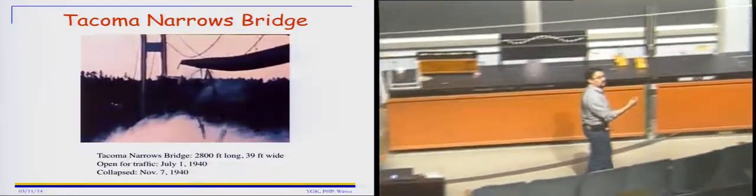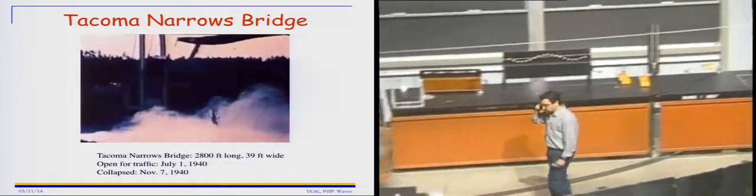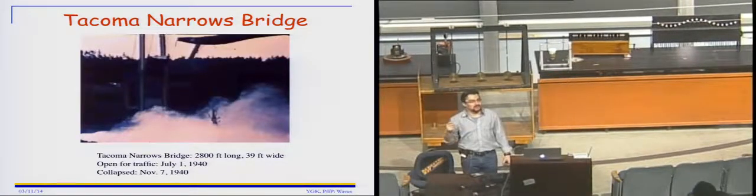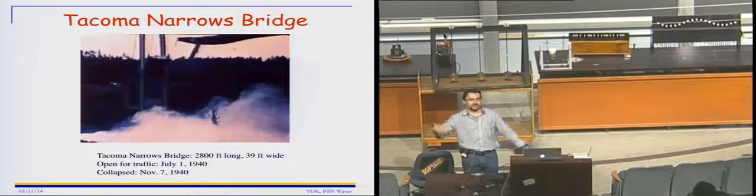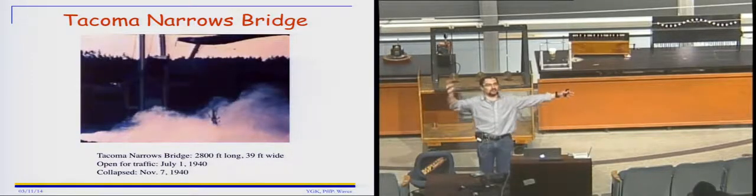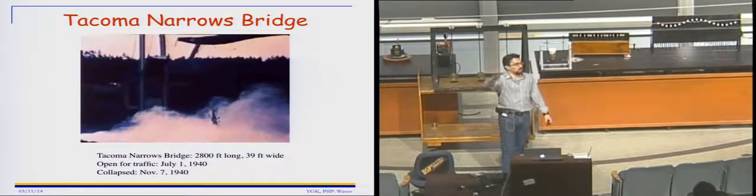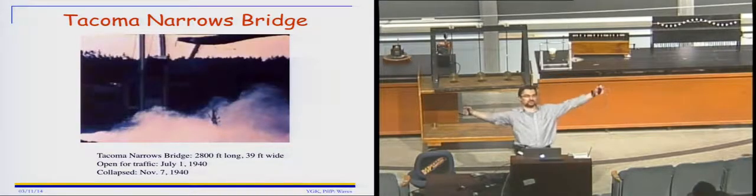This is again a stereotypical example that we tell every engineering student in physics since the 1940s of wind causing a resonant effect on a large structure. You notice the frequency of vibrations was fairly slow, very low, maybe a hertz or so. Again, it had to do with the transverse size of the bridge.